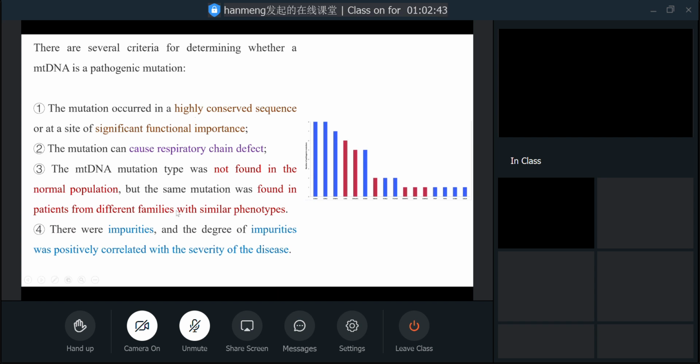What is impurity? We will learn about it later. So there are 4 criteria for determining whether a mitochondrial DNA mutation is a genetic mutation.